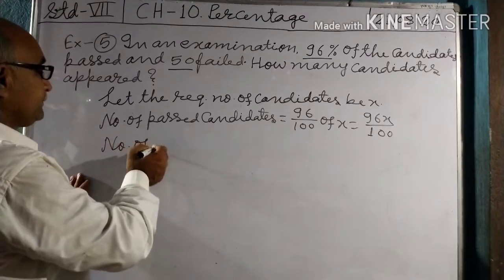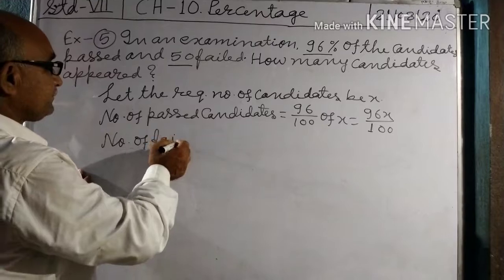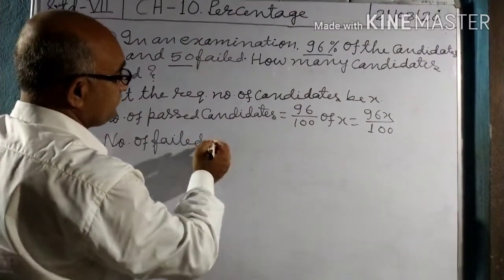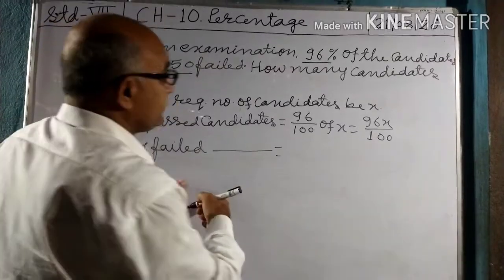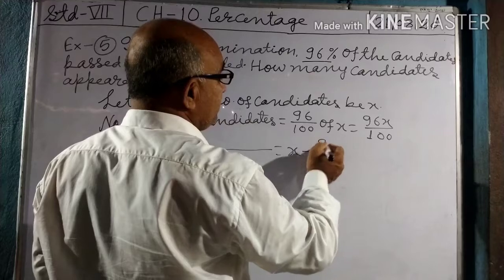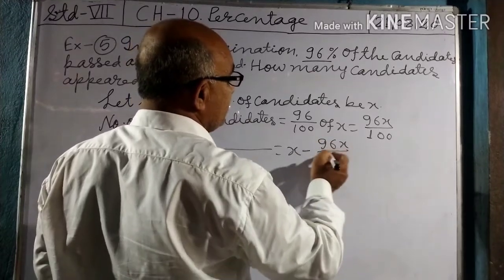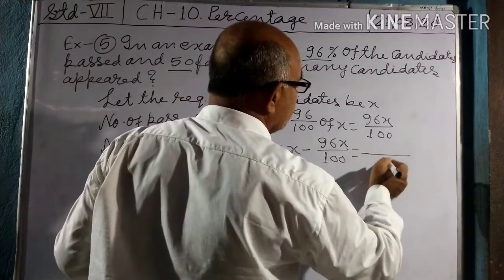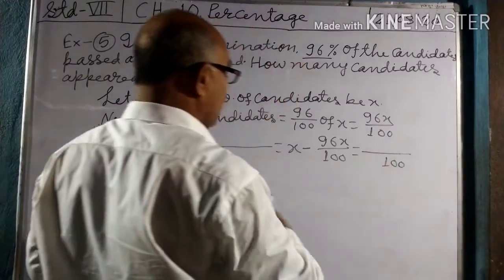Number of failed candidates, total candidates x minus passed candidates 96x by 100. LCM is 100.